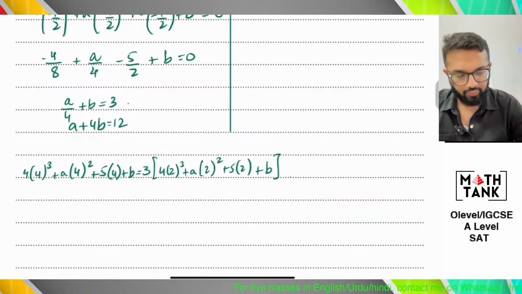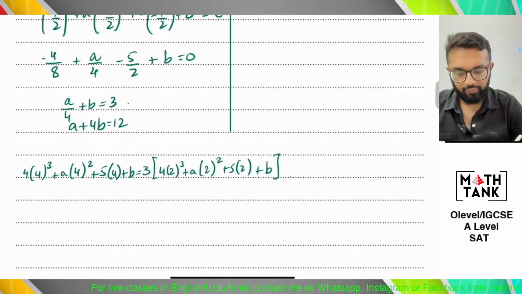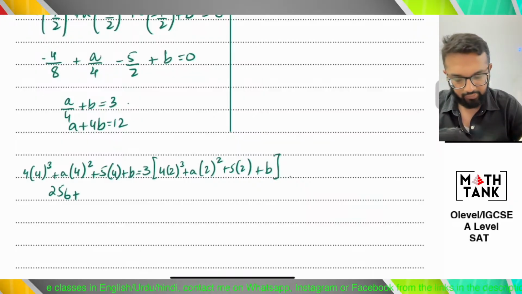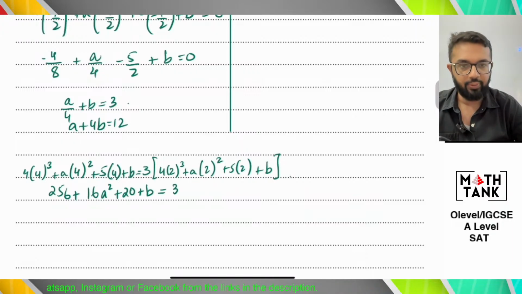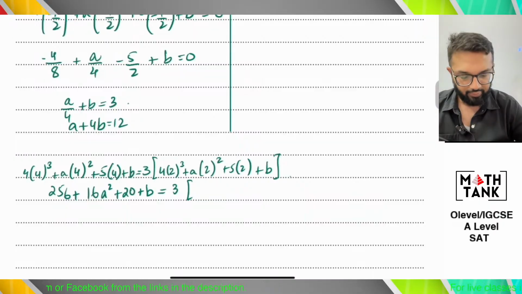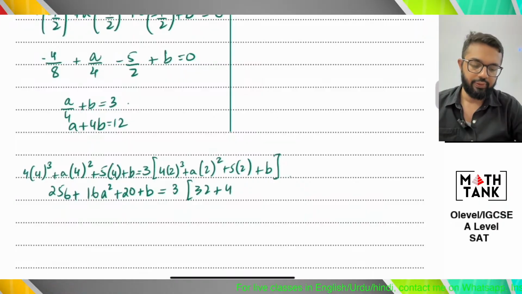Okay, so 4 power 4 gives me 256 plus 16a plus 20 plus b equals 3 times 4, 8, 32 plus 4a plus 10 plus b.